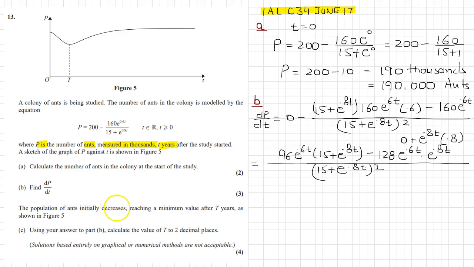The population of ants initially decreases, reaching a minimum value after t years as shown in the figure. Using your answer to part B, calculate the value of t up to 2 places of decimals.